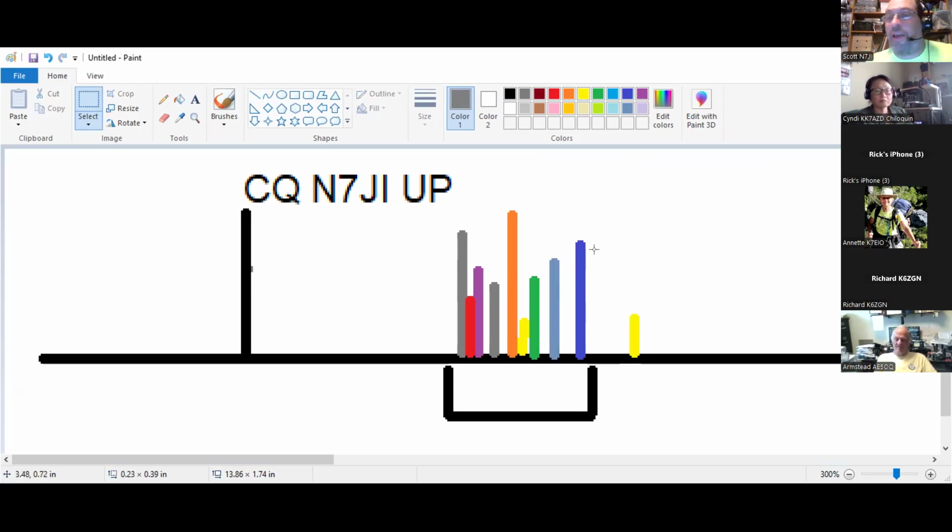So Scott, how did that little yellow one know to go that much higher than the rest of the group? How do you think? Well, I mean, did they see that there was this pile-up, so they themselves bumped up a little bit? Yep, there you go. Another way to do it is if you can listen while you're one of the hunters. Let's say I'm a little yellow hunter there, and I hear the big station, because I can copy code too.